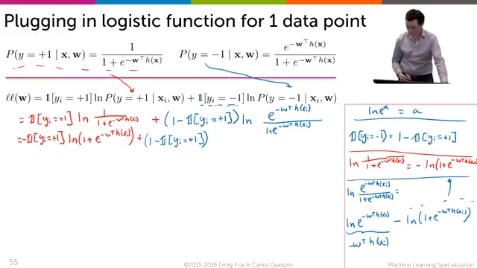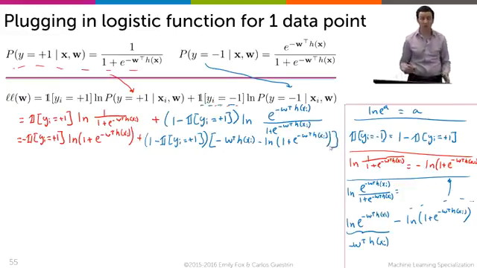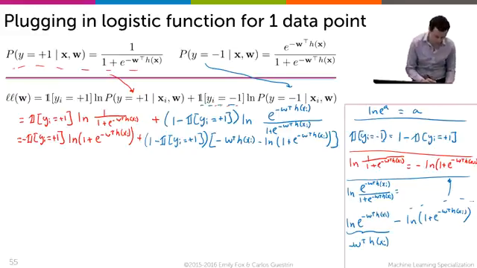Plugging that in, we get our coefficient that multiplies minus w transpose h of xi, minus the same term as the other side, log of 1 plus e to the minus w transpose h of xi. Okay, going a little slowly. And now you can shake things around, move things, lots of stuff cancels out. I'm not going to go through that in detail, but you're welcome to do it.